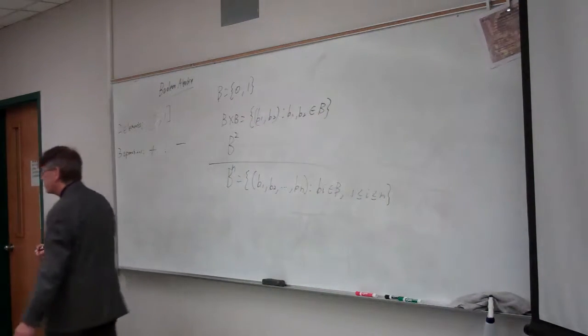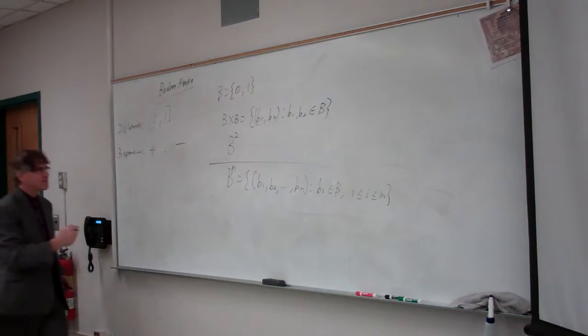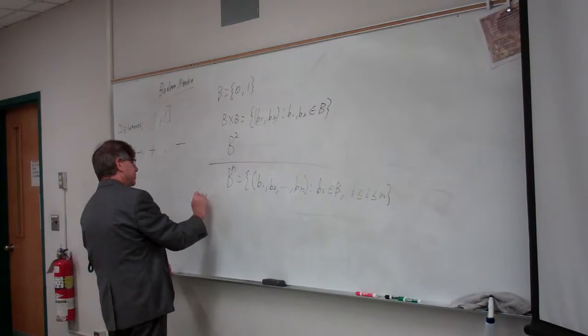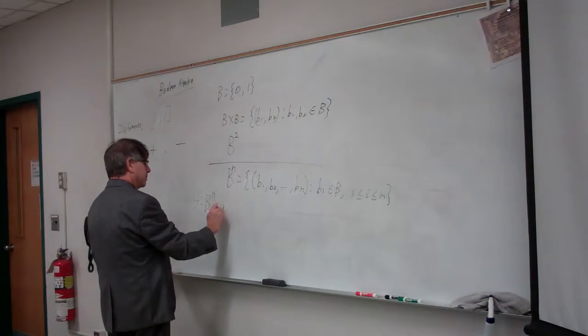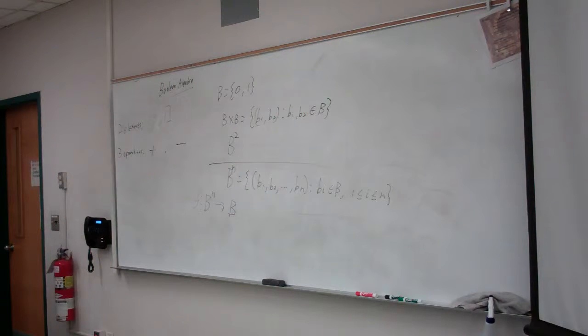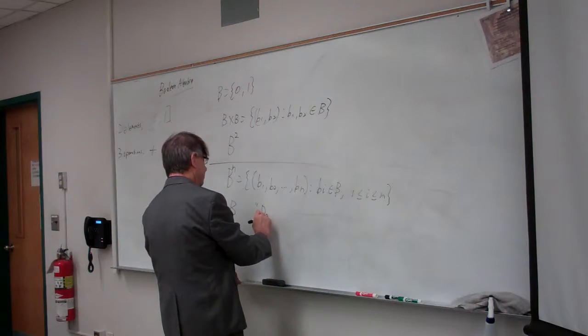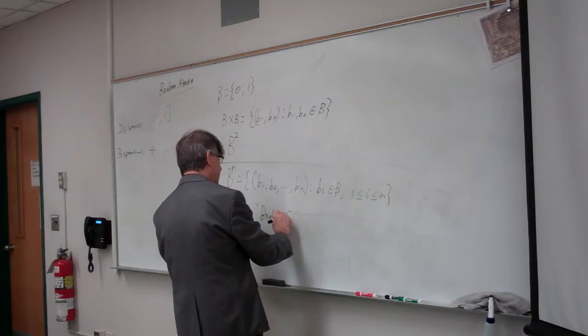So now we've done enough math to make this mathy. And so we can define a function from B to the n to B, and we call that a Boolean function of degree n.